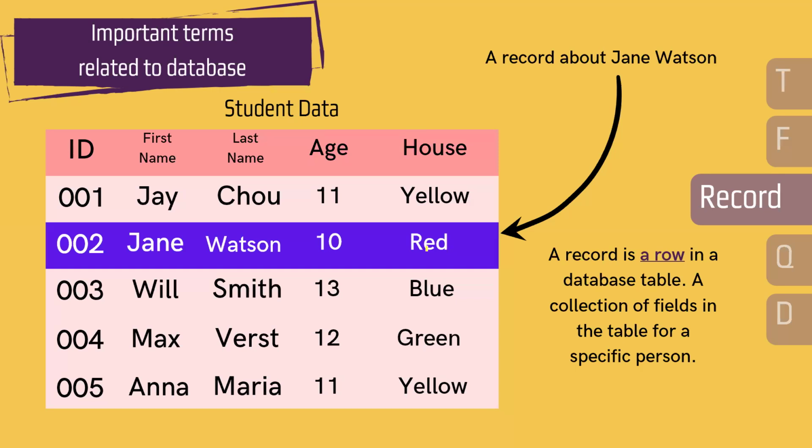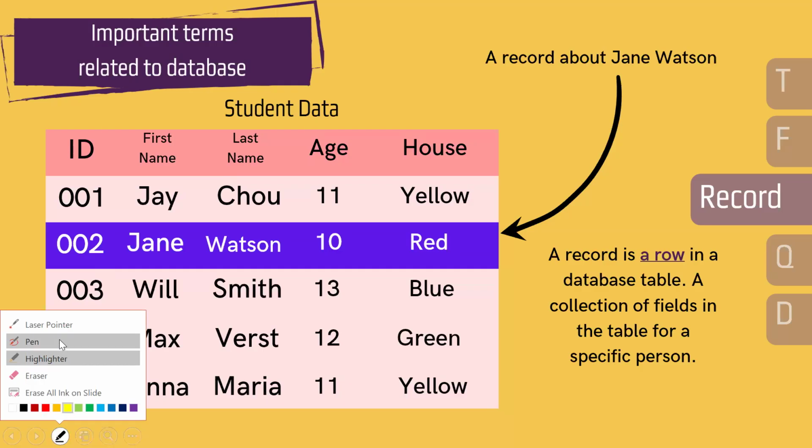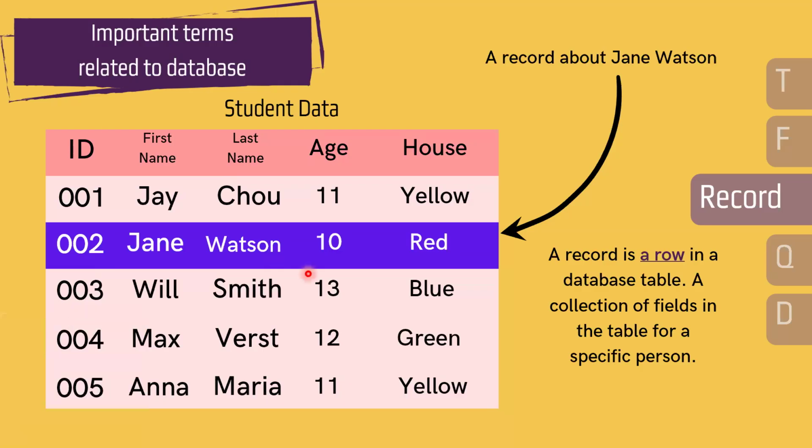Obviously, we are skipping all the other things and coming to this particular area, which is red, which means that if we wanted to find out the house or any other thing, we can go for it.